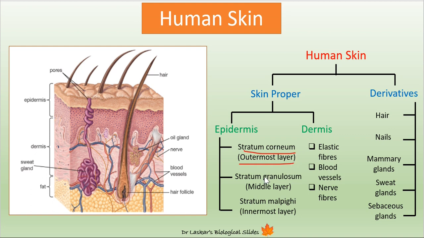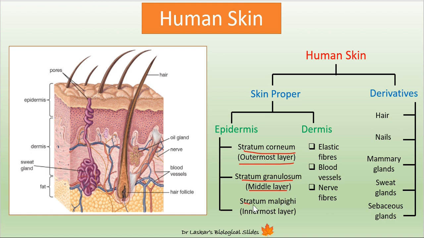The second part, the middle sublayer of the epidermis, is called the stratum granulosum, or the granular layer. It is a very thin layer, and it mainly consists of two or three sublayers, all made up of flattened cells.